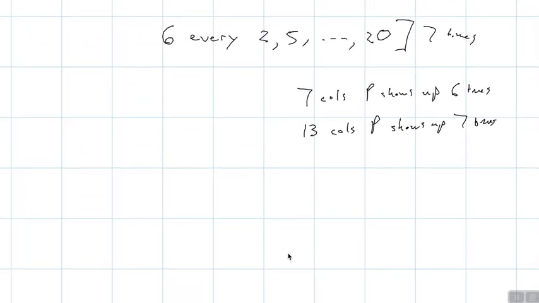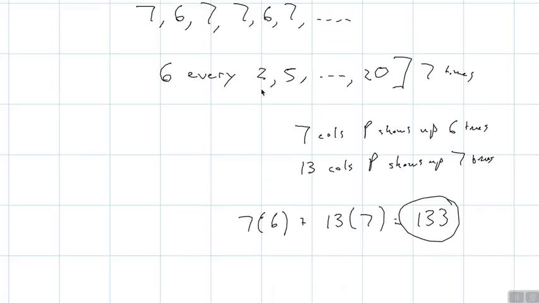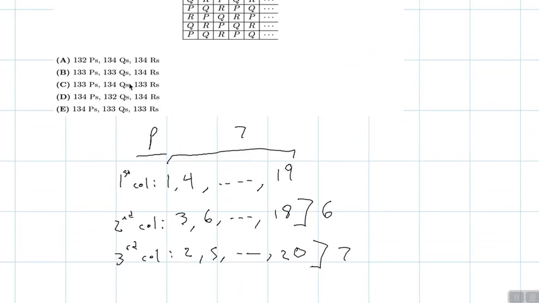And so to find out the total number of P's in the table, it's going to be 7 times 6 plus 13 times 7, which is 133. And so that narrows our answer choices down to B and C.